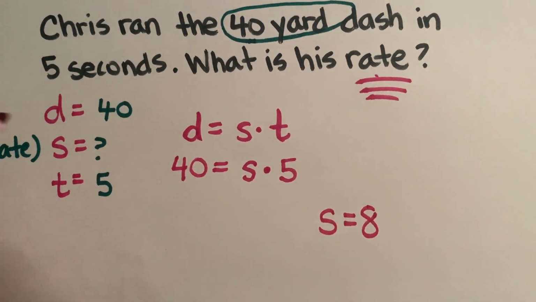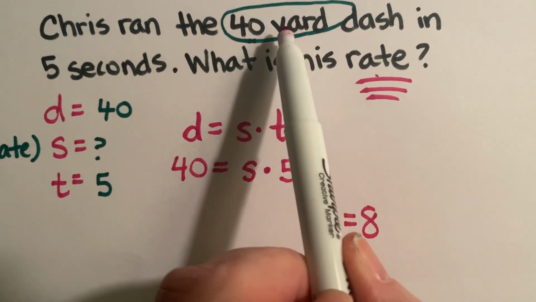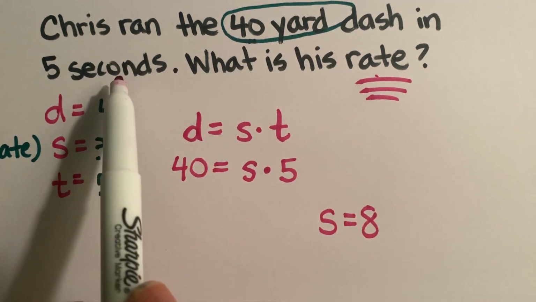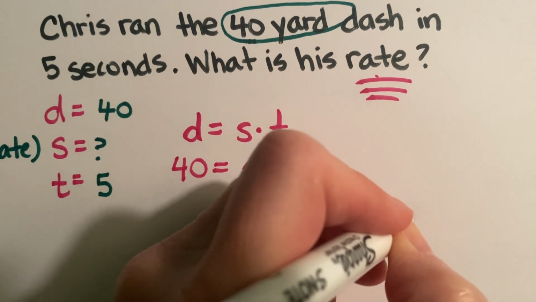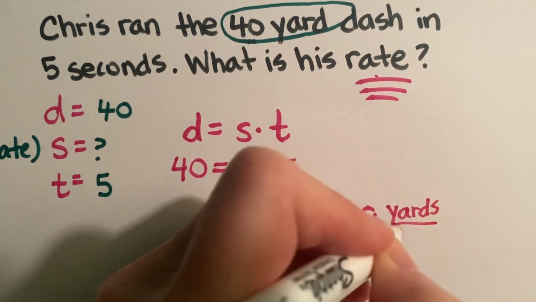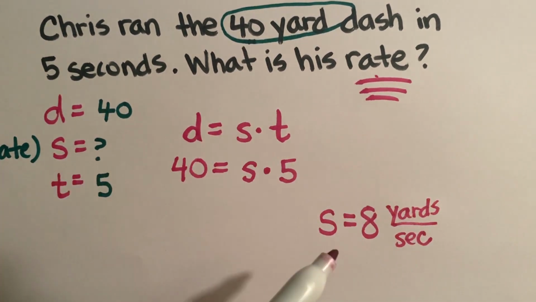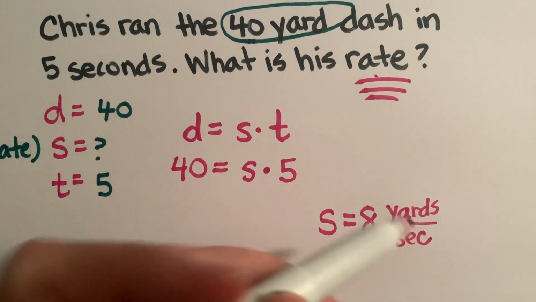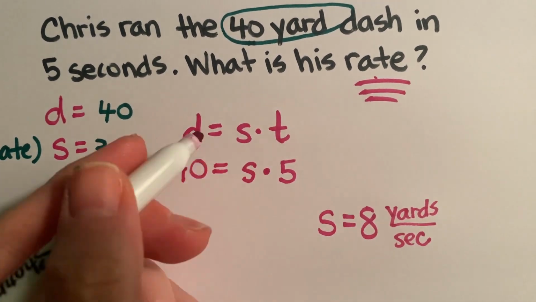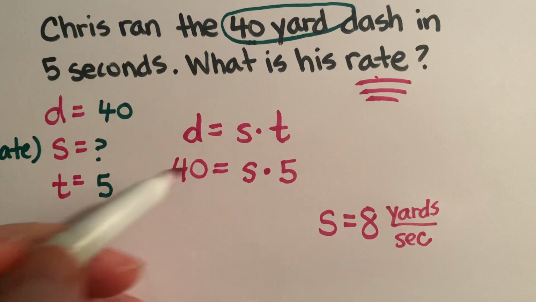And now we have to look at our units. Yards per second, not miles per hour in this one. It's yards each second. That's the rate at which Chris is moving, or his speed. Now, before I leave this, we did that just with trial and error, like what number times 5 is 40.